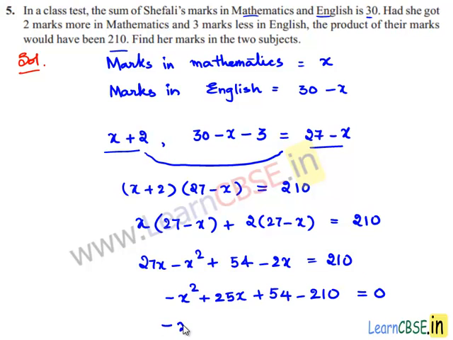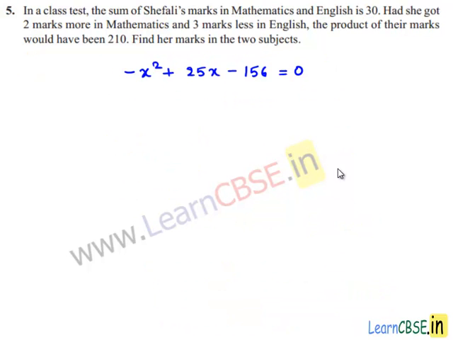So this can be written as minus x square plus 25x minus 156 is equal to 0. So this equation can be written as x square minus 25x plus 156 is equal to 0.